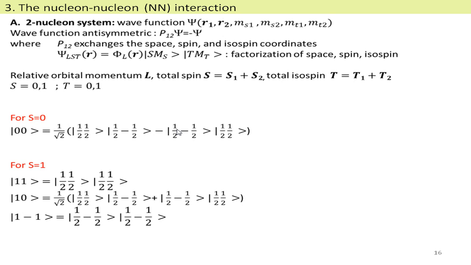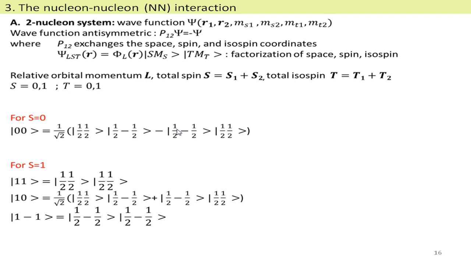Okay, this is something that we know, and we will use this property to determine some properties of the nucleon-nucleon interaction. So this P12 operator exchanges all coordinates, so not only the space coordinate, but spin coordinates and isospin. So you can rewrite these wave functions in terms of couplings.